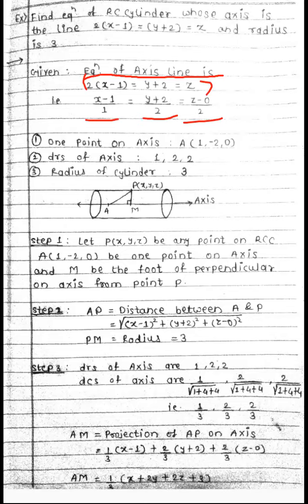So if you divide throughout by 2, you will obtain the direction ratios in the denominators: 1, 2, and 2 here. So we require three pieces of information to find the equation of the right circular cylinder.